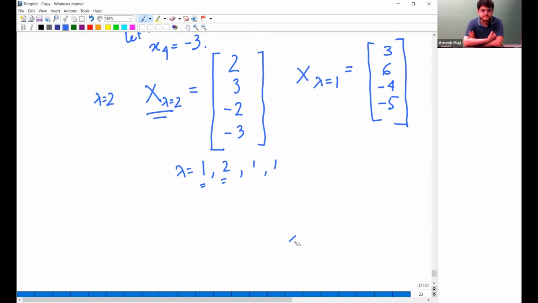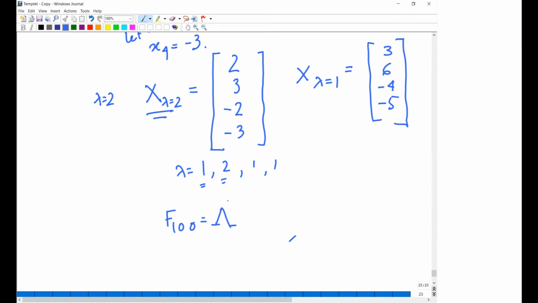In the Fibonacci sequence, sir writes one step like this: F100 is equal to that symbol to the power 100 into C. Right. So what it says is F100 is equal to that symbol to the power 100 into C.